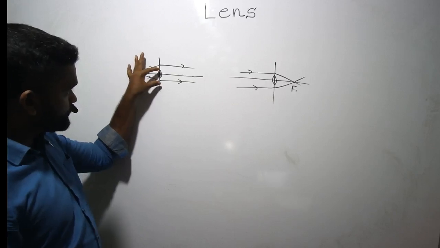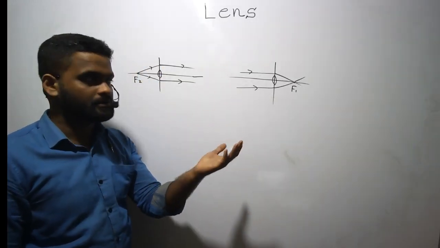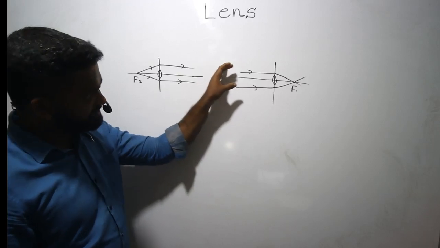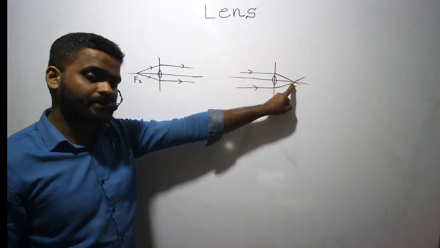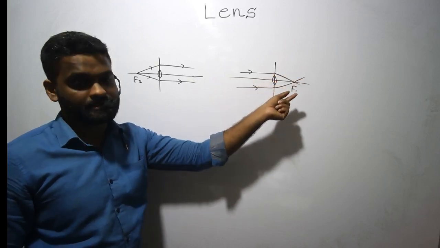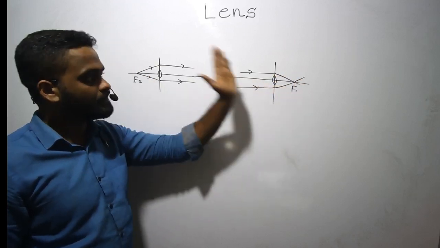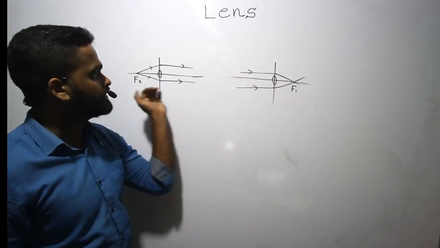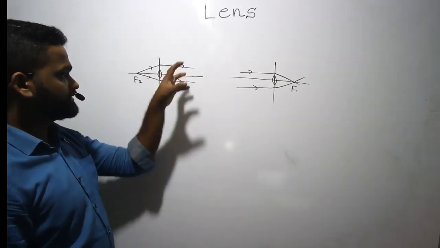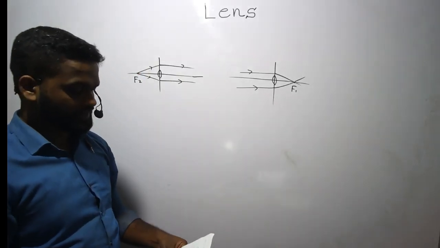If the rays go through f2, the secondary focus, after refraction they become parallel. If a parallel beam is incident, then after refraction it focuses onto the primary focus. So the primary focus is always on the other side of the light ray. The secondary focus is this side, given the light rays go to this side, right? Okay.